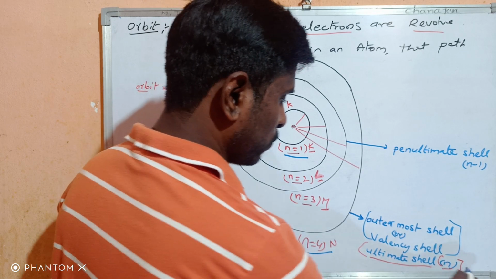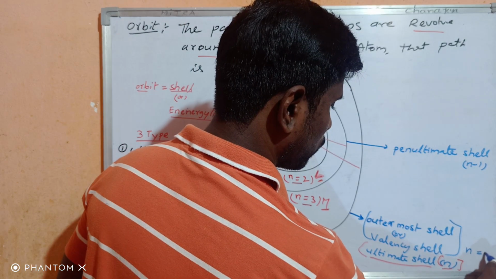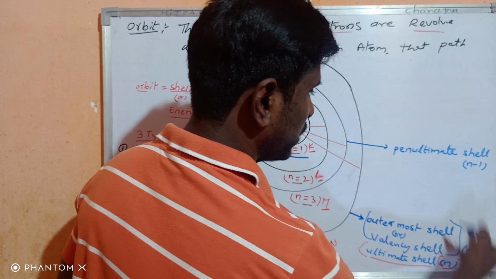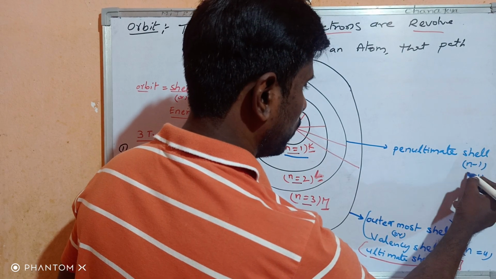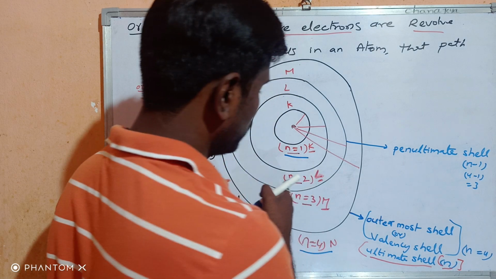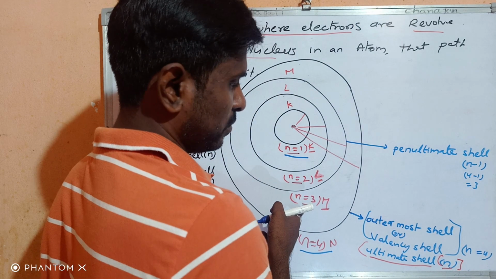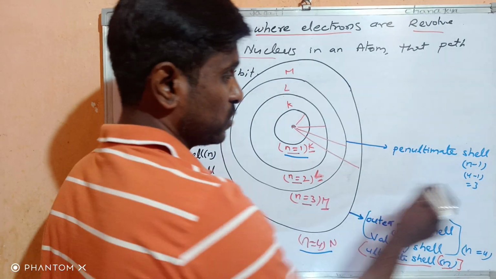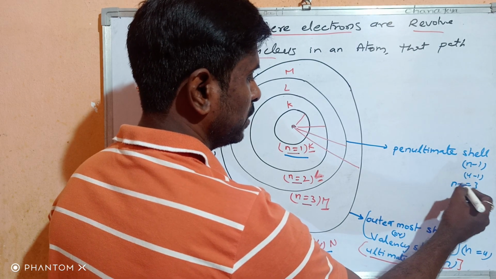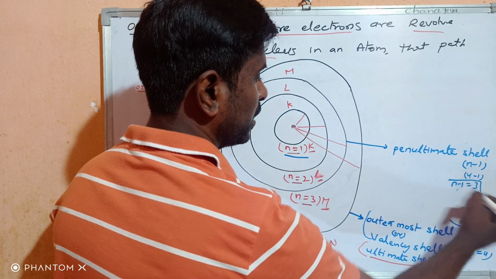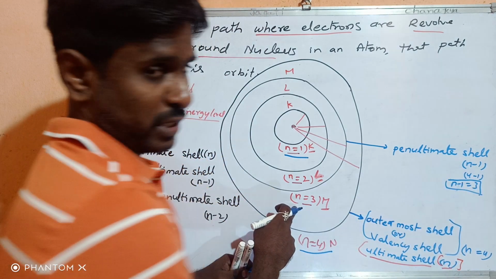Now we substitute n=4 here: 4 minus 1 means 3. So n=3 is the penultimate shell.